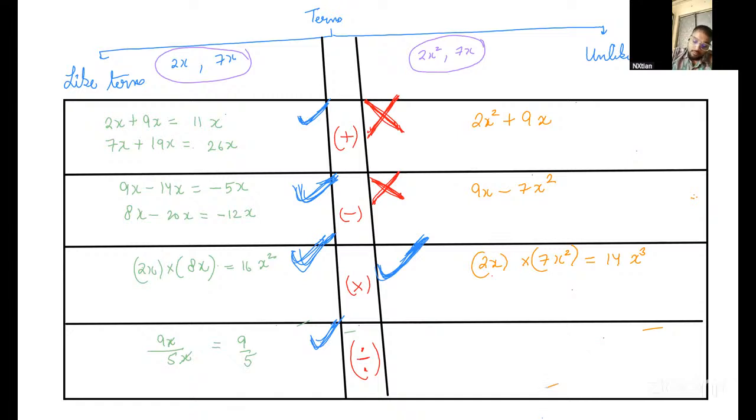You can divide also, like 7x square y divided by 14x square. These are unlike terms because of y. So this x square and this x square will cancel. 7 ones are 7, 7 twos are 14, so it becomes y by 2.